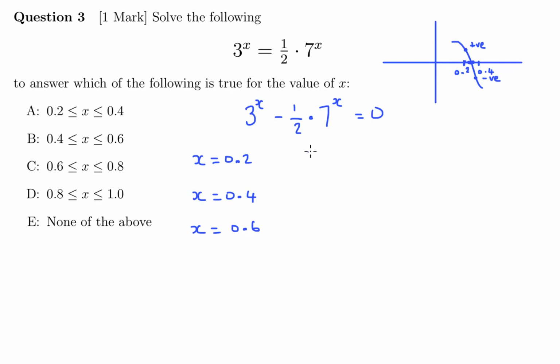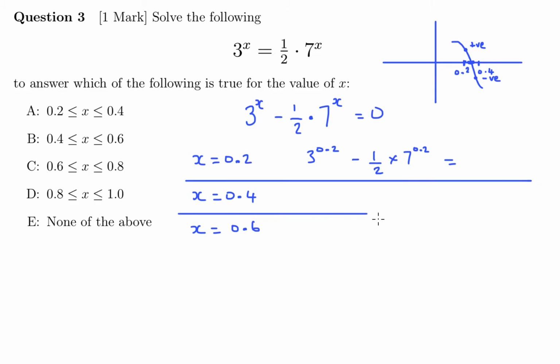So this is why I asked if you had a power button on your calculator, because we need to do 3 to the power of 0.2 take away a half times 7 to the power of 0.2, and we want to see what that answer is. We're then going to do the same thing for 0.4, 0.6, 0.8 and 1, and wait to see the sign change.